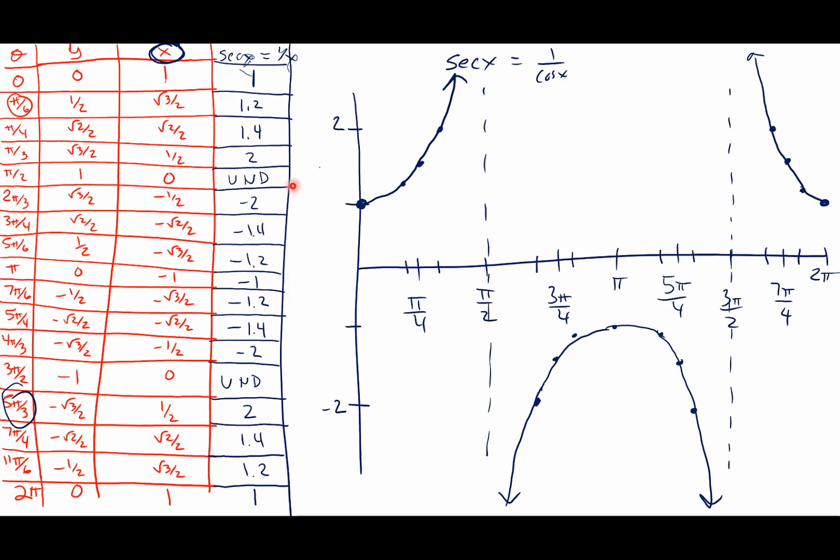Alright, so let's make a graph. Again, the y piece here, the highest value is 2, so I'm going to put 2 here, a -2 down there. I'm going to stretch this out all the way to 2 pi. Take half of that would give us pi. Then half of that would give us 2 pi over 2.